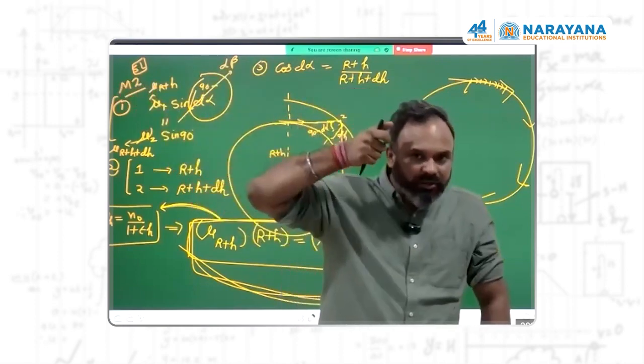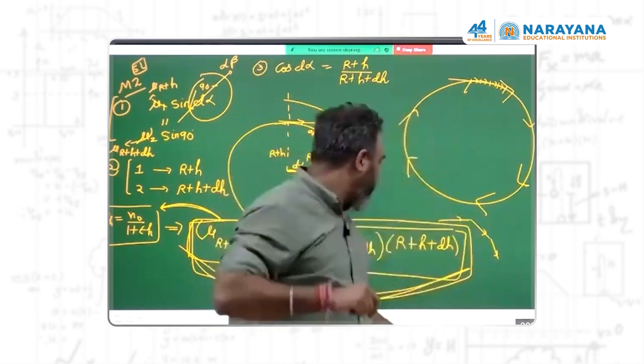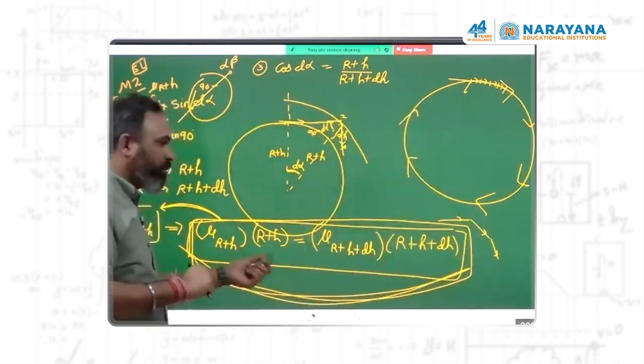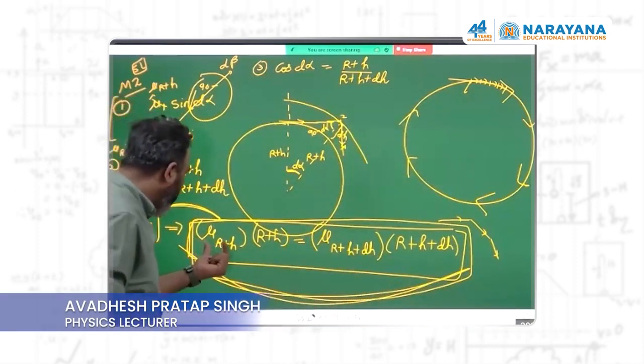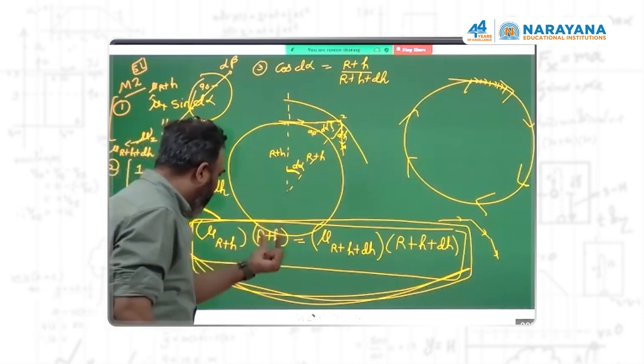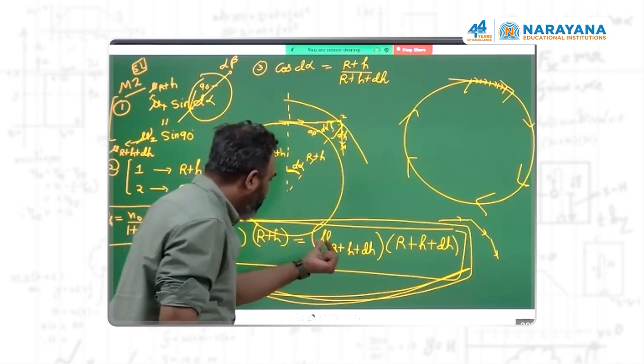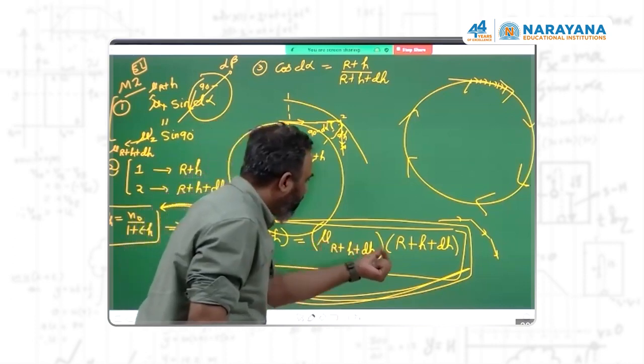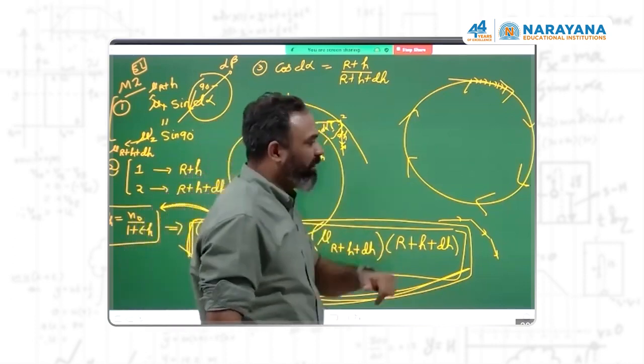So think in terms of h, but substitute things which are simple for you. When you write it, you just have to write mu at r, where h is 0, and then mu at r plus dh, and this is r plus dh. And then you will get the value of r.